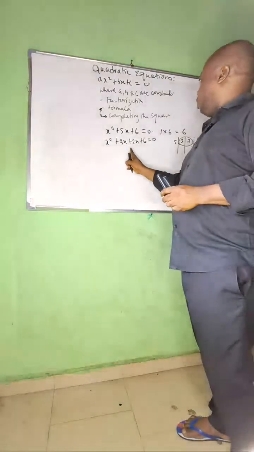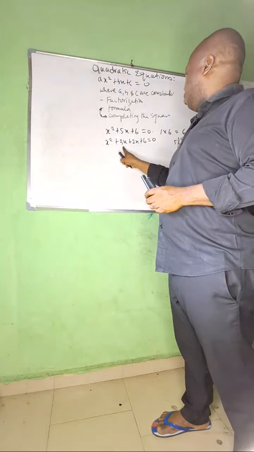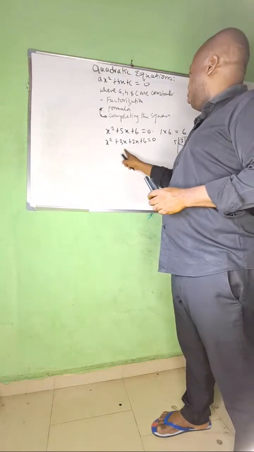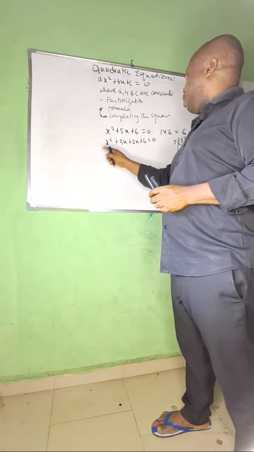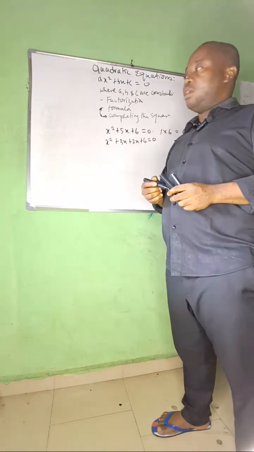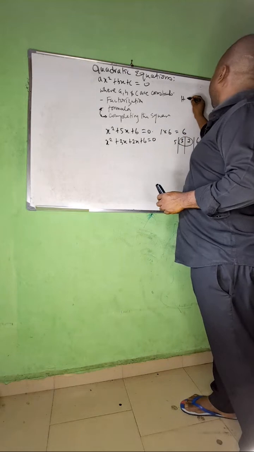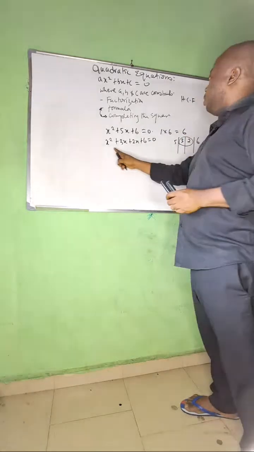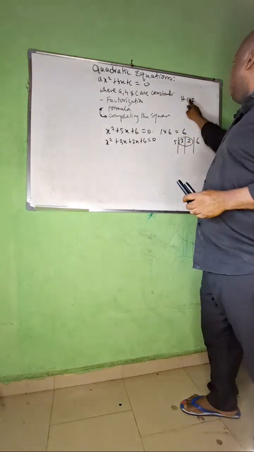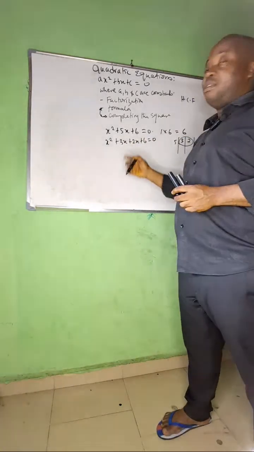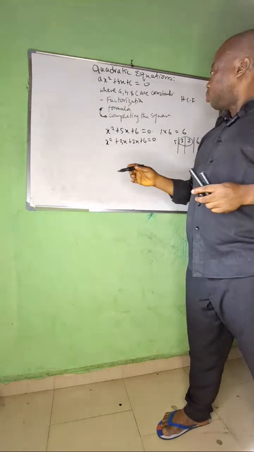Now we usually group them in 2s, and look for what we call the highest common factor, HCF. The HCF you were taught in primary school, you apply here now. The highest number that can divide both is what HCF means in common parlance.